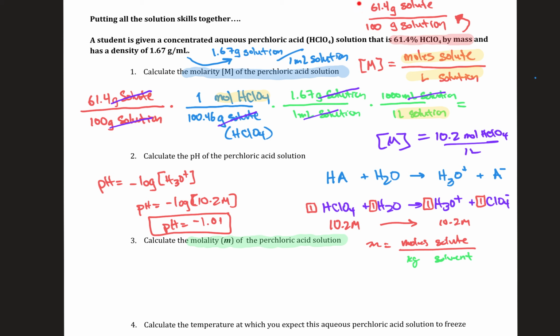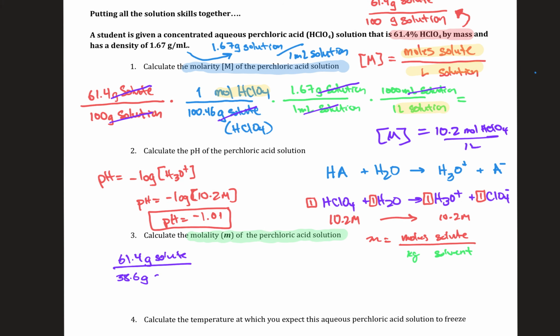If I have 61.4 grams of solute for every 100 grams of solution, well, what makes up the other portion of that 100 is the solvent. So while yes, it is true to say that it is 61.4 grams of solute for every 100 grams of solution, it's also true to say that it is 61.4 grams of solute per every 38.6 grams of solvent, because solute plus solvent equals the mass of the solution.